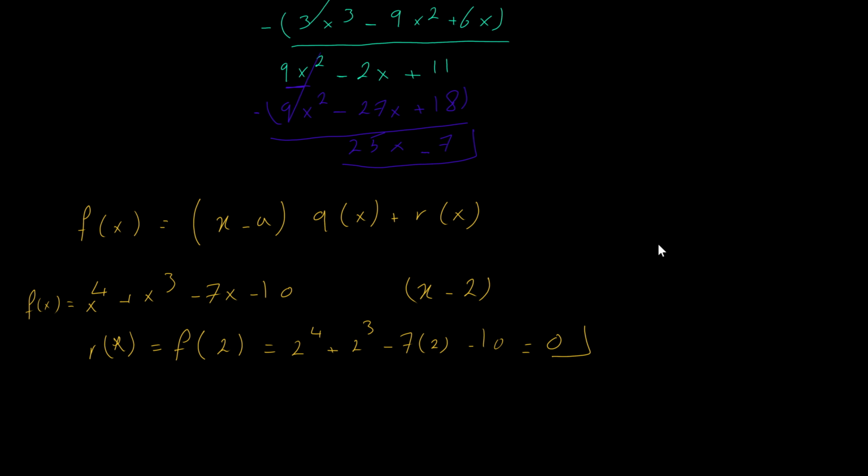So we have, let me write it over here. So we have x minus 2, and our function is x to the 4 plus x to the 3 minus 7x minus 10.